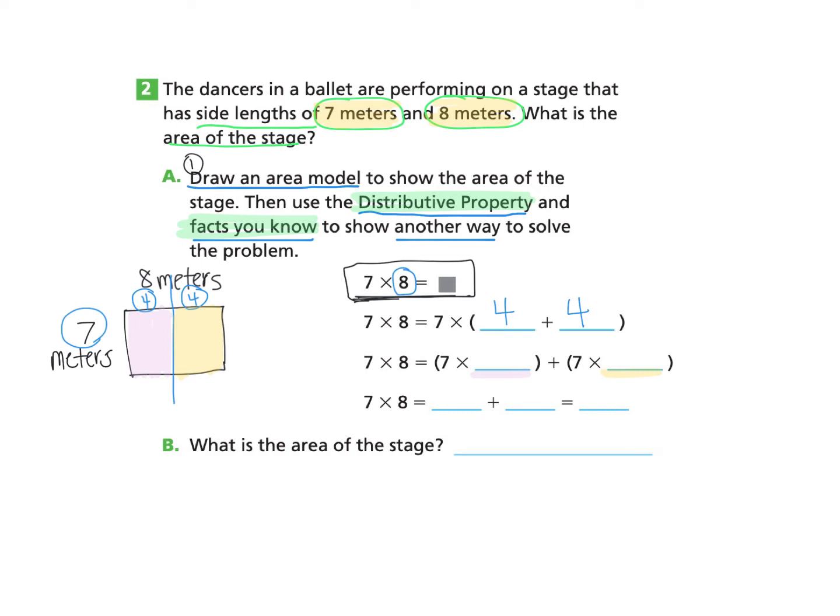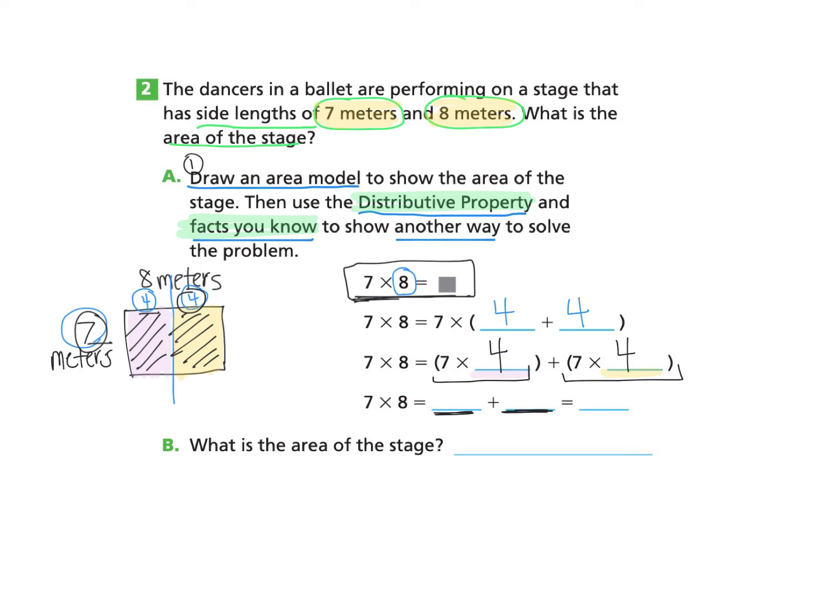So we need to write in 7 times 4 here to explain that we're looking for the area of this array, and then we need to write 7 times 4, which means we're looking for the area of this array, the yellow one. And so we need to find the product of 7 times 4 here and 7 times 4 here and put those answers right here.